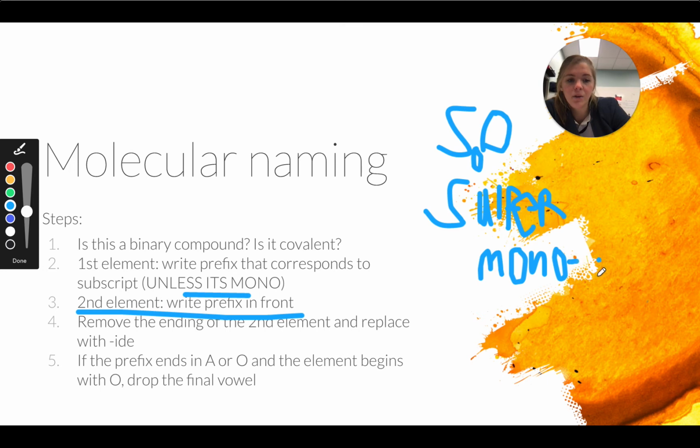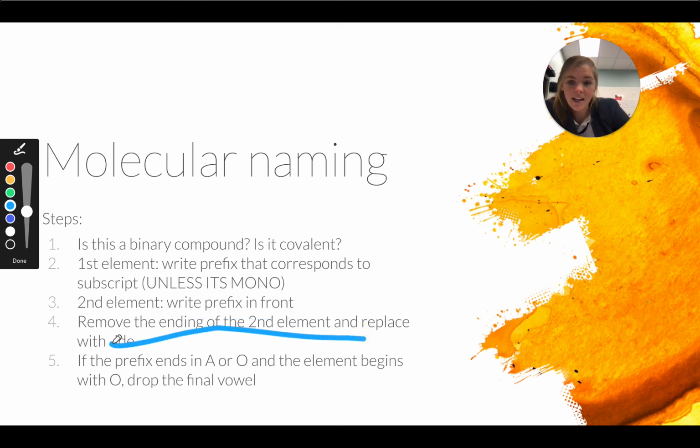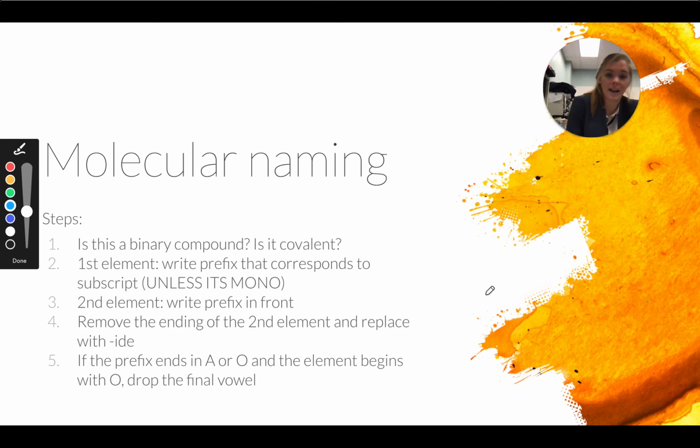And I'm going to show you a little trick for this in a second, because monoxide doesn't sound quite right. I already did this step automatically because this is something we learned last class with naming ionic compounds, that for the second element we replace the ending with "ide." So that's why I wrote oxide instead of sulfur monoxygen. So this step here is important.